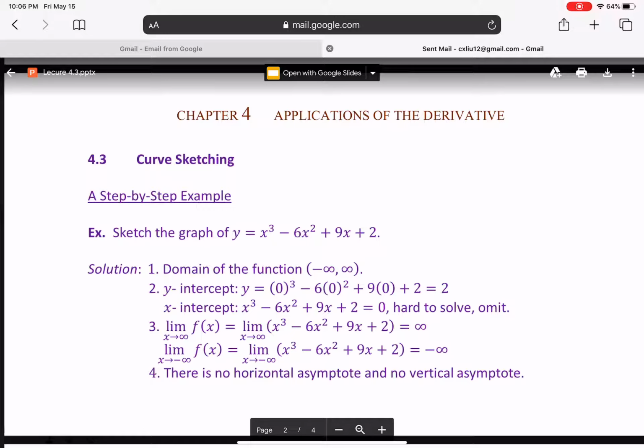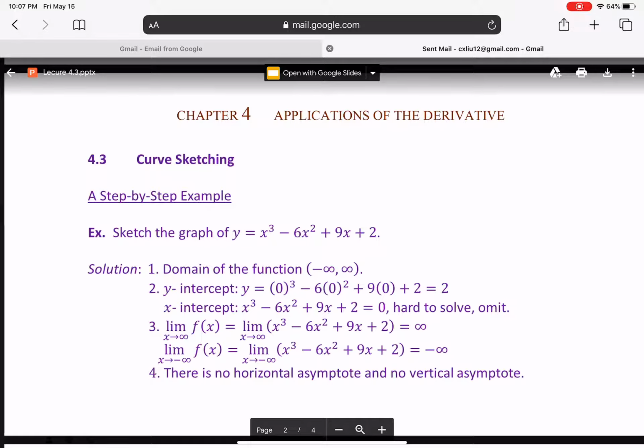Step 3, end behaviors. We find the limit of the function as x approaches infinity, and we get positive infinity. Similarly, we evaluate the limit as x approaches negative infinity, and this time we get negative infinity. So the function goes up without bound on the right and goes down without bound on the left.